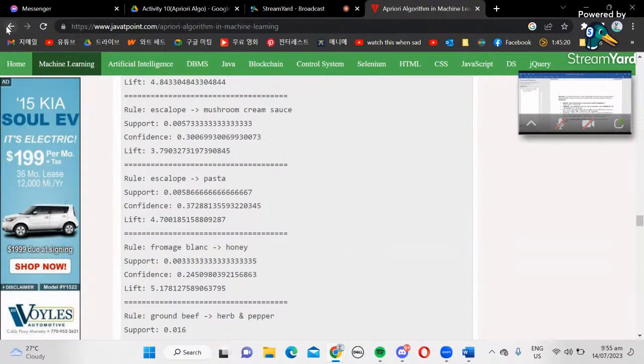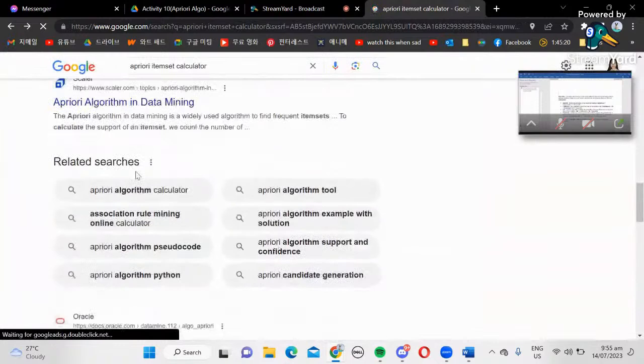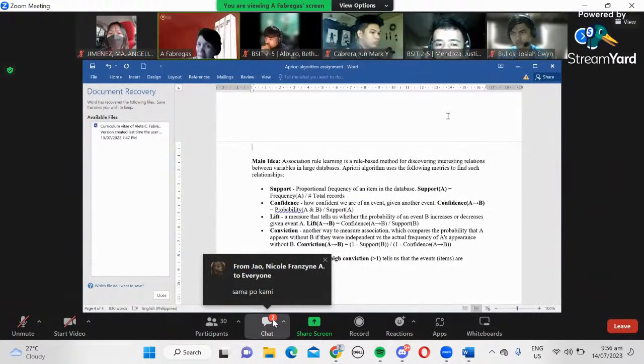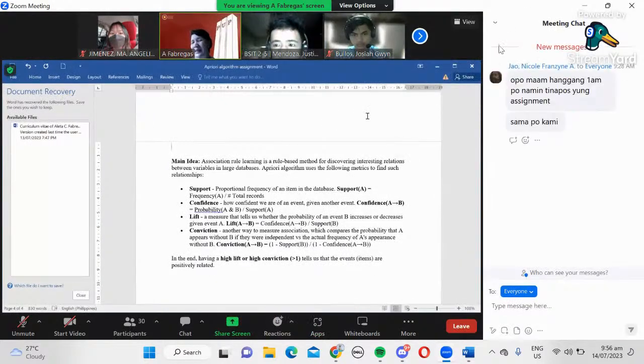Greater than 1. So, pag ang conviction na greater than 1, nakapareho ng lift, ibig sabihin ng Justin, so we have the final association rule.